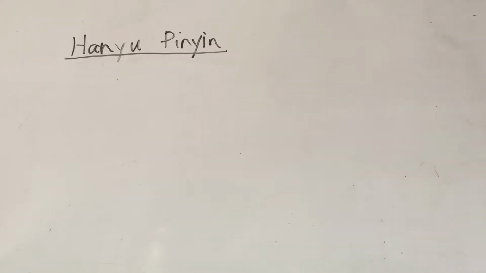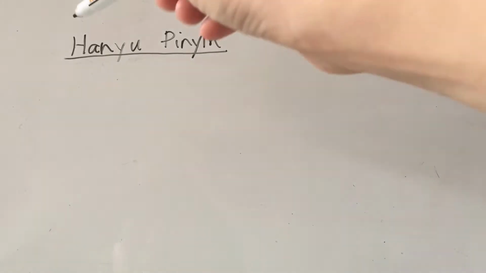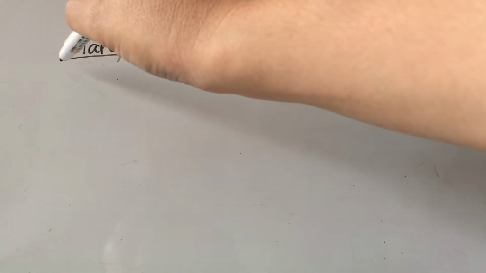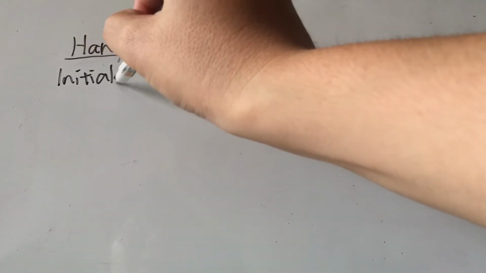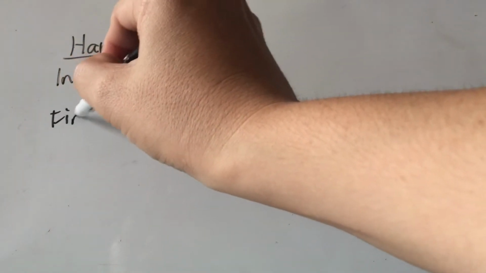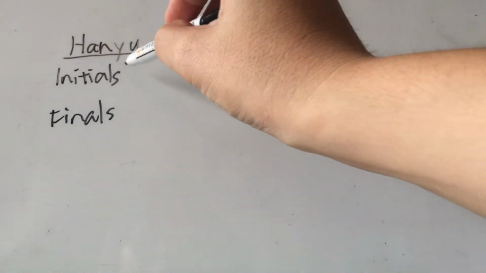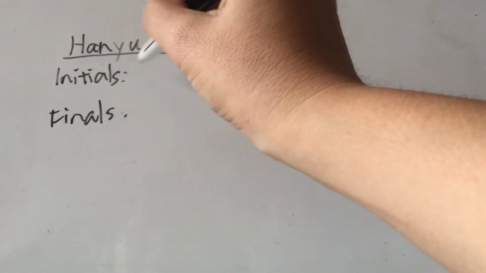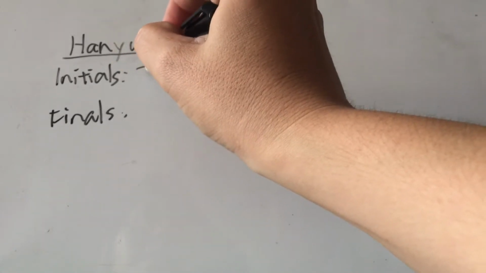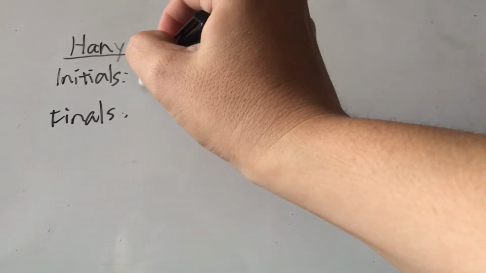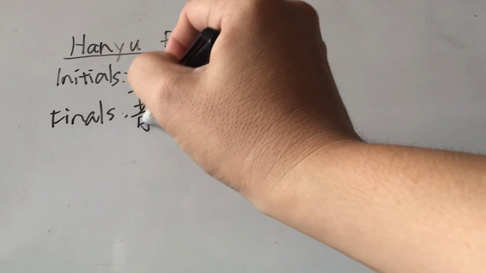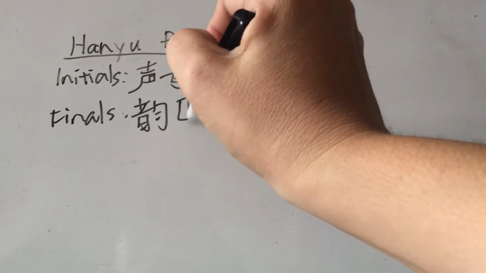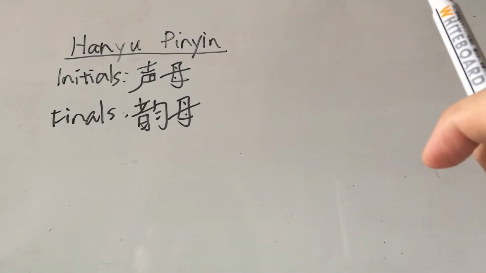First of all, in Hanyu Pinyin, we need to know there are initials and finals. This one we call 声母 and 韵母. So it's very simple.